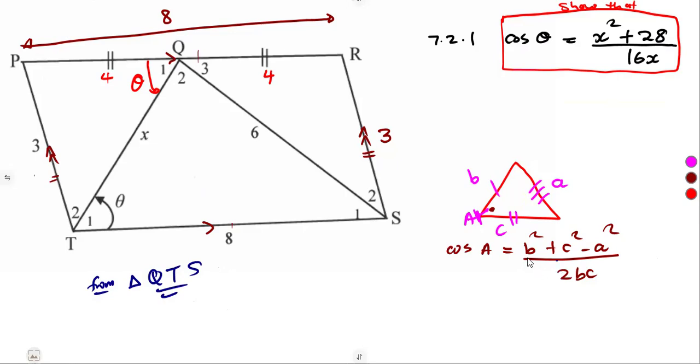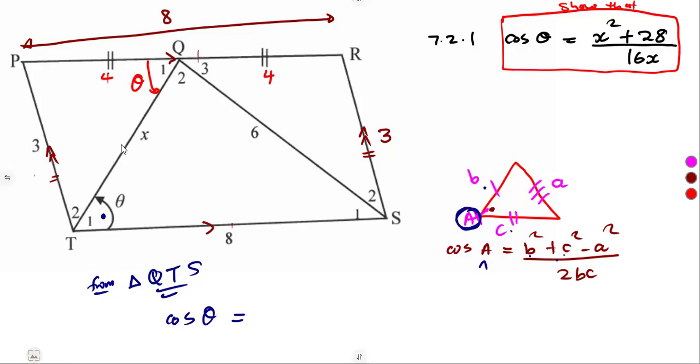Using the cosine rule for determining the angle, we can see that the cos of angle theta must be equal to, from this formula, guys, the cosine of the given angle is equal to b squared plus c squared, which are the sides creating that angle.